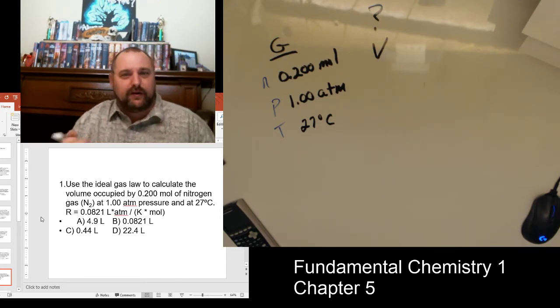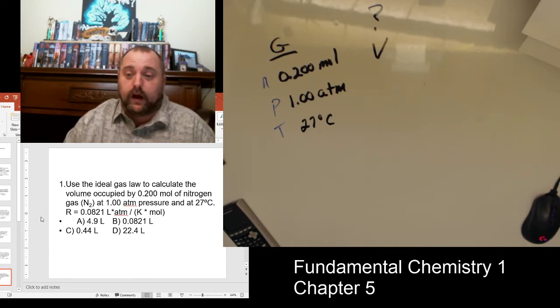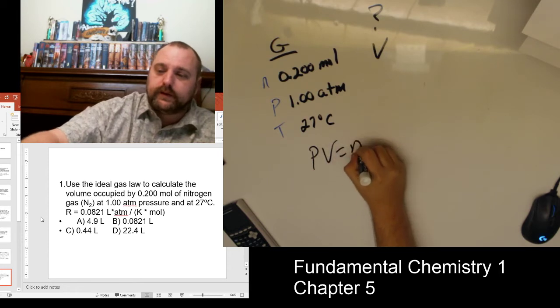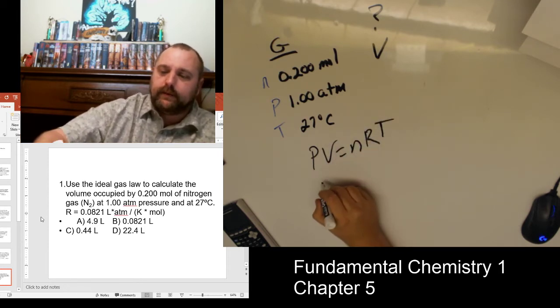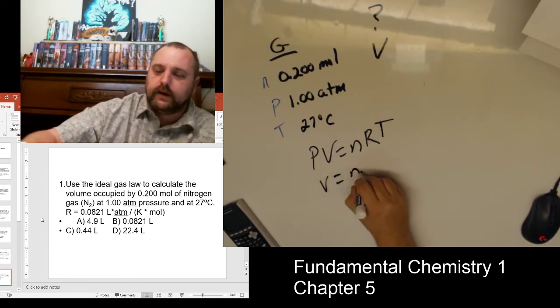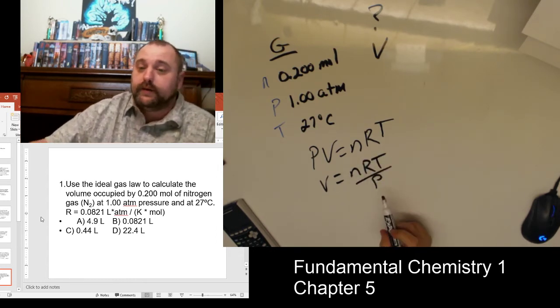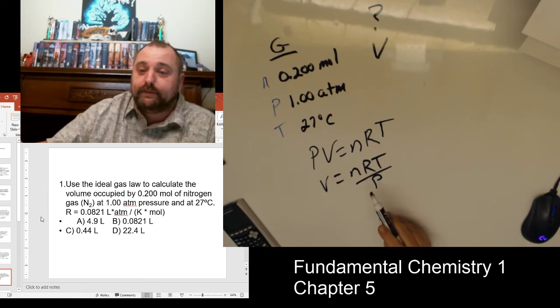So we usually call this a plug and chug kind of problem, but it's the ideal gas law, just like they said. PV equals nRT. I'm going to divide both sides by P. So V is nRT divided by P. Now the problem is you've got to put everything in the right units.